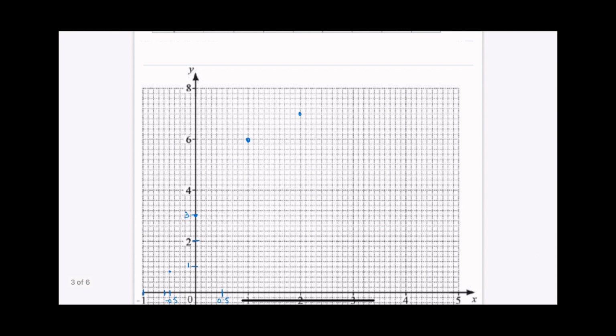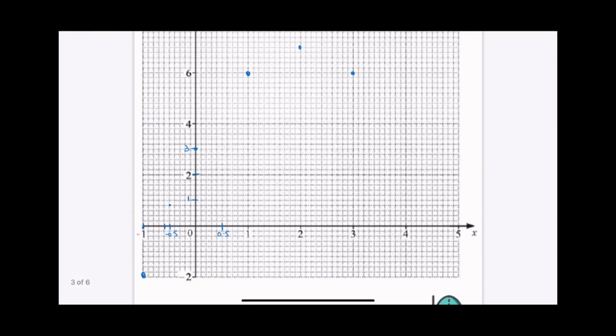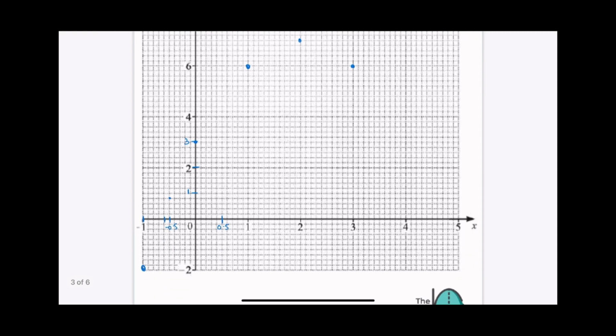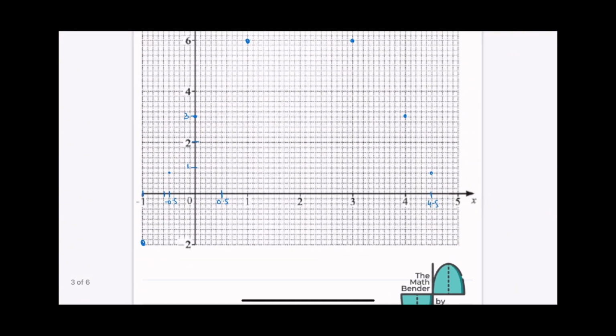At 3, 6 again. At 4, 3. At 4.5, it is 0.75. This is 4.5. And at 5, it's -2.